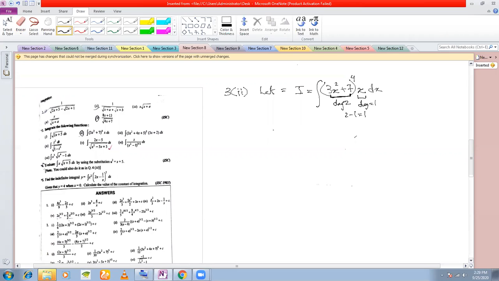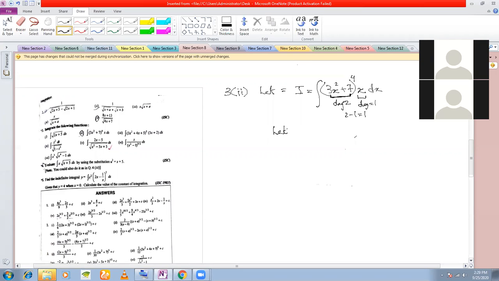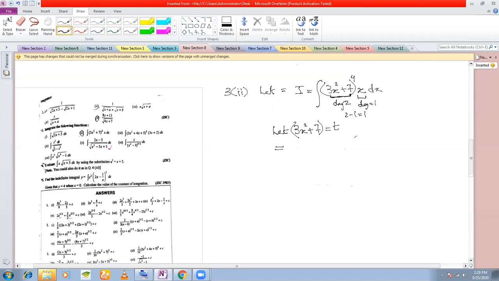So let 3x square plus 7 is equal to t. Therefore, what do you get? dt dx is equal to 6x only, right? That means you get dt is equal to 6x dx. And what do you have here? Do you have x dx here?